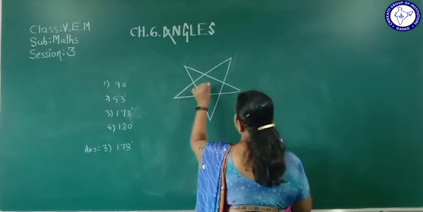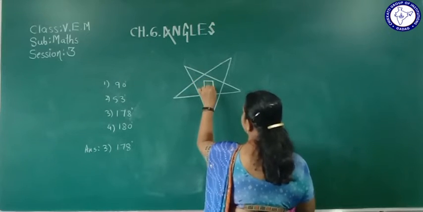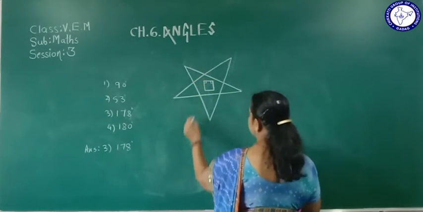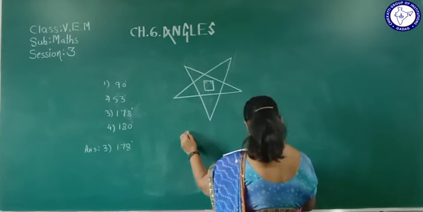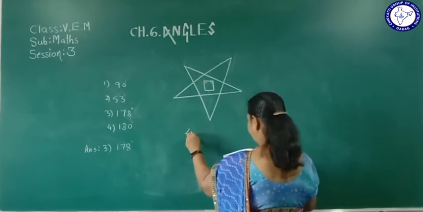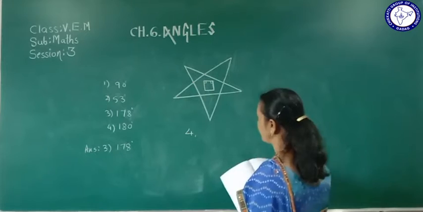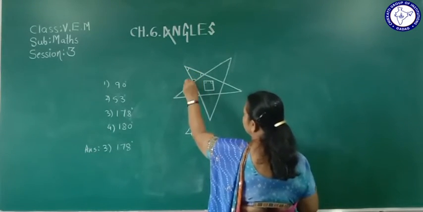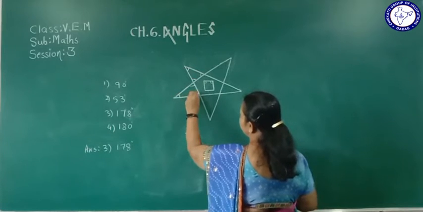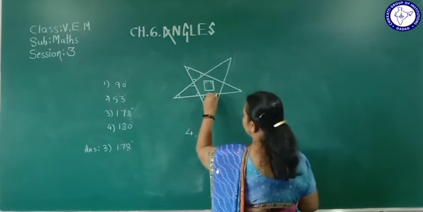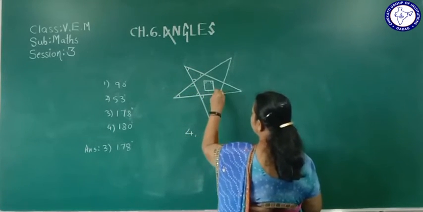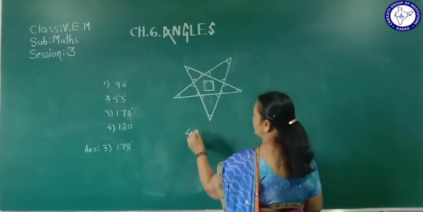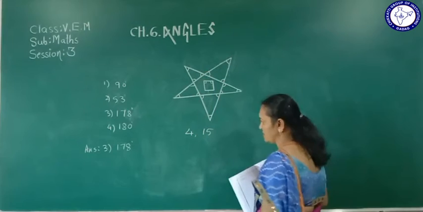this is the figure. Here one square is given. So right angles you will find here only. So first, right angles: 4. Then we should find acute angles. So acute angles are 1, 2, 3, 4, 5, 6, 7, 8, 9, 10, 11, 12, 13, 14, 15. 15 are acute angles.